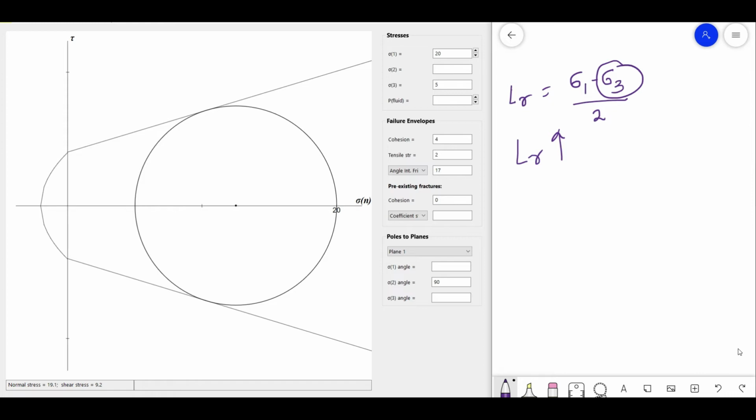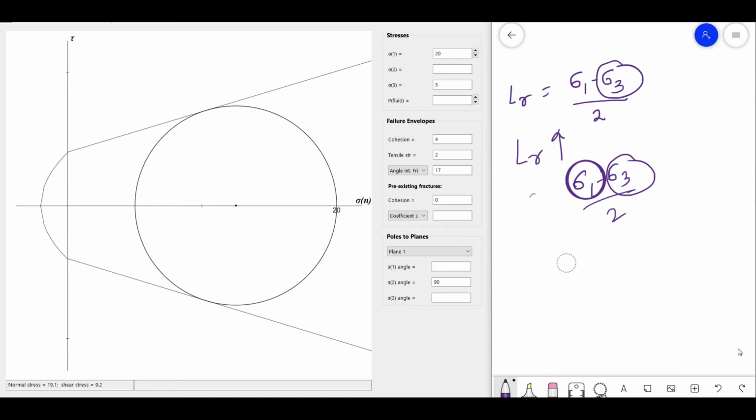And if the length of the radius increases, then the size of the circle will also increase automatically. Similarly, in the second case, if we keep sigma 1 constant and decrease the value of sigma 3, then also the radius of the circle increases, and automatically the size of the circle will also increase.